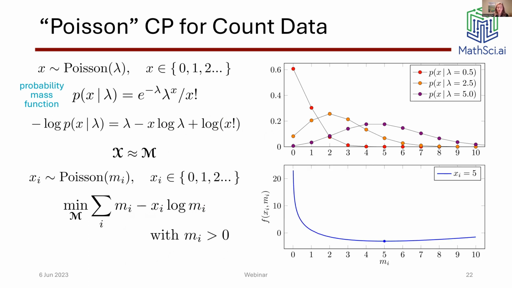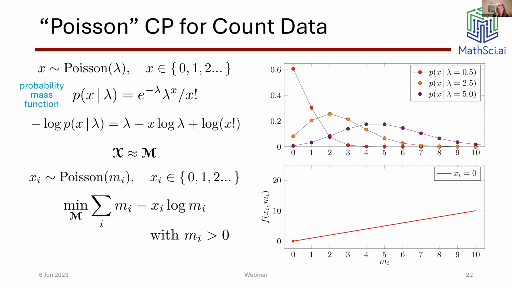And so if our data tensor has xi equals 5, what would be the best mi? The best mi in this case would be mi equals 5. Now our model's constrained to be multilinear, so we won't get exactly 5, but that's what it's shooting for. If our data that we observe is 3, then the optimal value for lambda will be 3. If our data is a 1, the optimal lambda is 1.